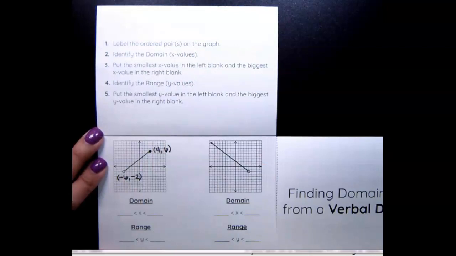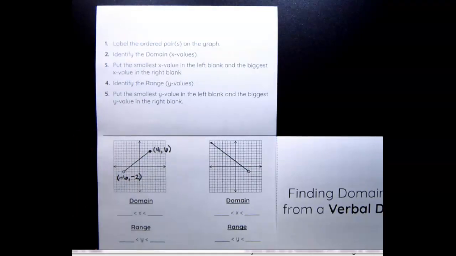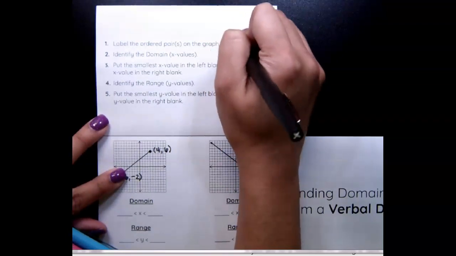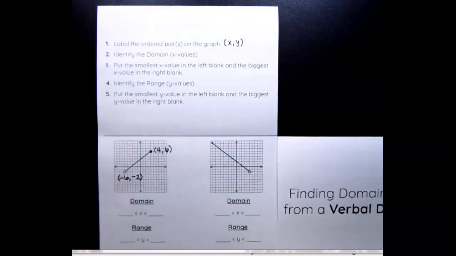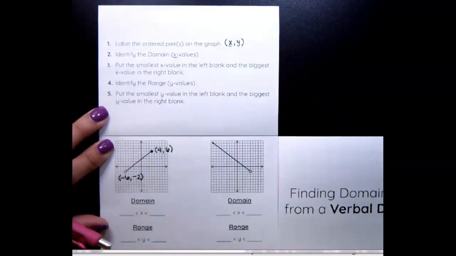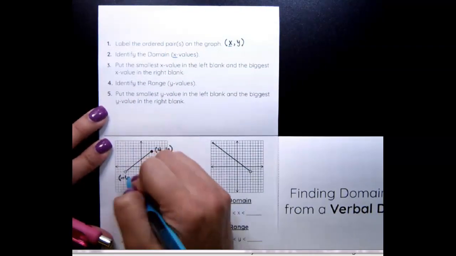Step 2 says identify the domain, which is the x values. So when we have an ordered pair, our ordered pair is written x comma y. So if I am looking for the x values, then I'm going to focus on the first number in the ordered pair.